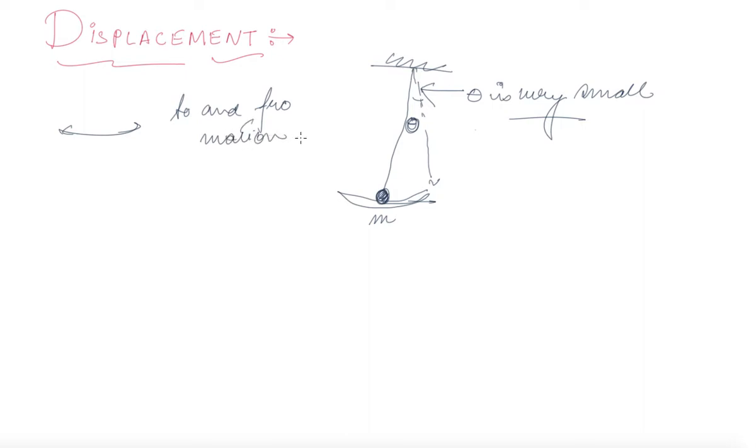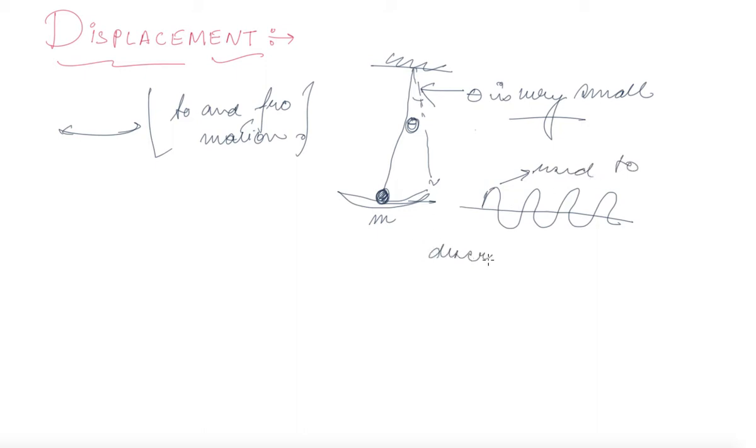So there's an interesting thing that we can derive from this particular definition, and that is all the functions which have a to and fro nature can be used to describe oscillation.